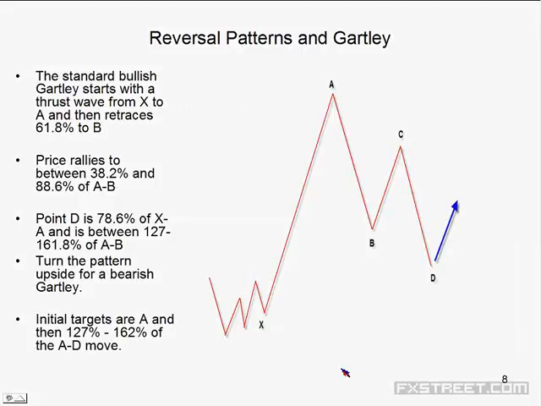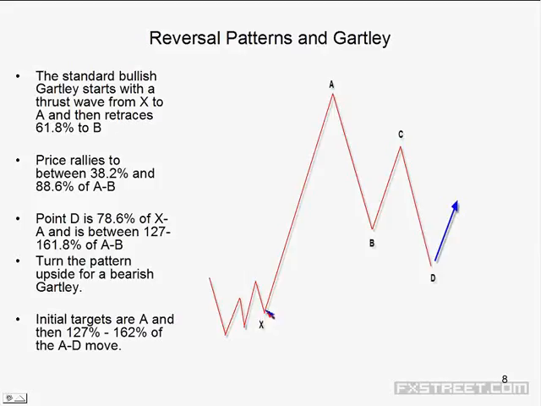Right, now let's have a look at the standard Gartley. Let's say we've got a little bit of sideways price action going on here, and then price moves on up.